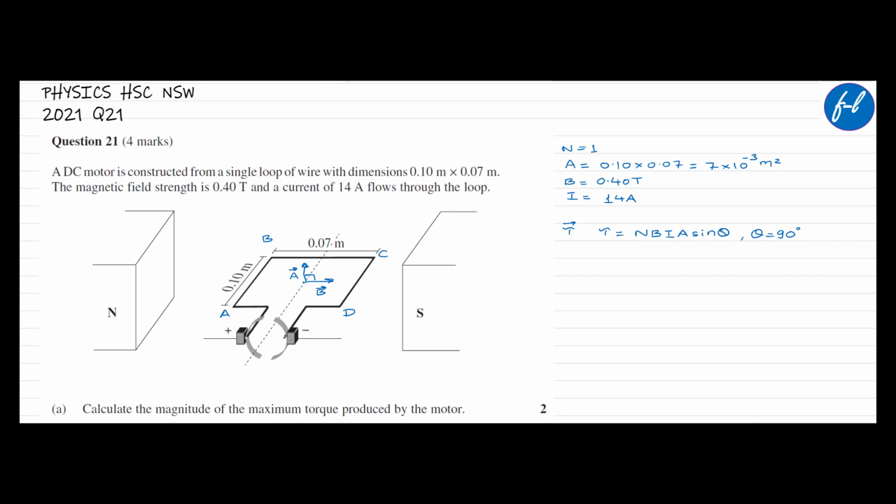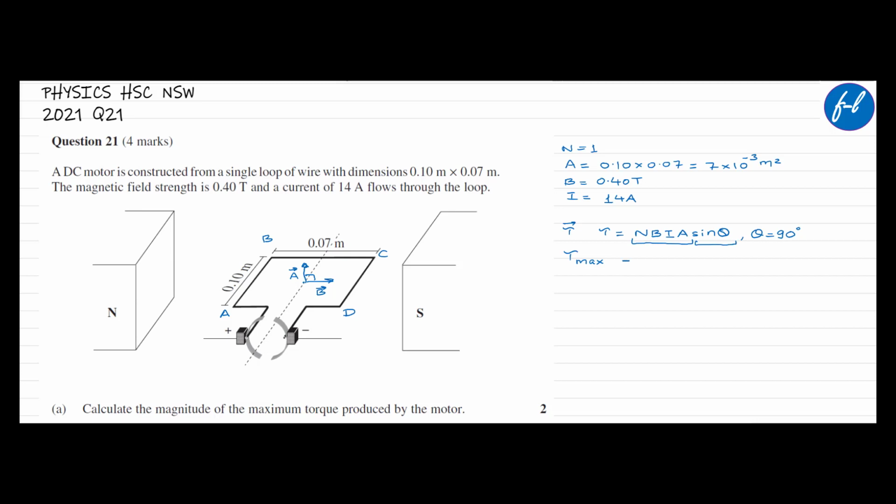But the question says what is the magnitude of the maximum torque? So in fact, we need not have gone into the value right now. As far as the maximum torque magnitude is concerned, the expression for torque represents a sine curve, sine theta.